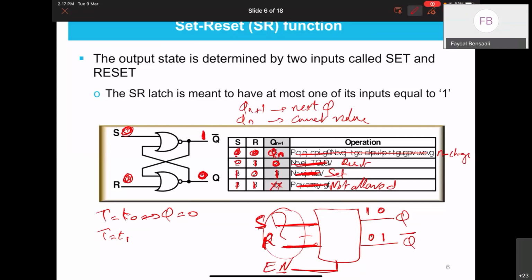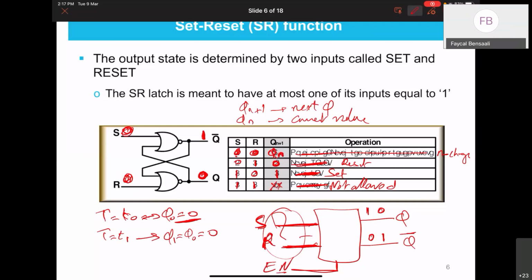It will not change. This is what we mean by Qn. Qn plus 1 will be equal to Qn, the current one. So Q1 will be equal to Q0, which is 0. Do you understand what we mean by Qn plus 1 and Qn?